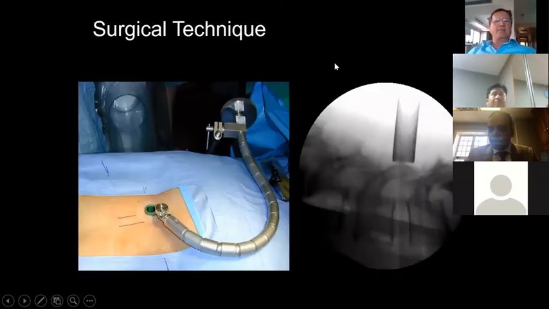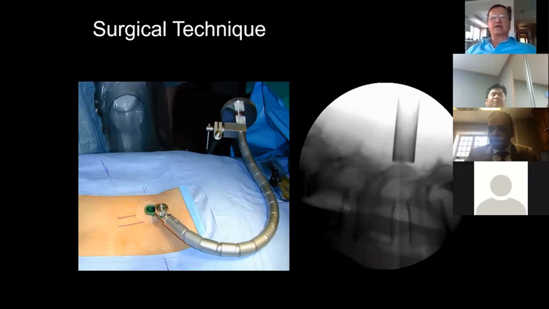But the main advantage of that technique is the table-mounted part, which fixates the tube in different angulations, so that it allows you to see the target place from different angles.